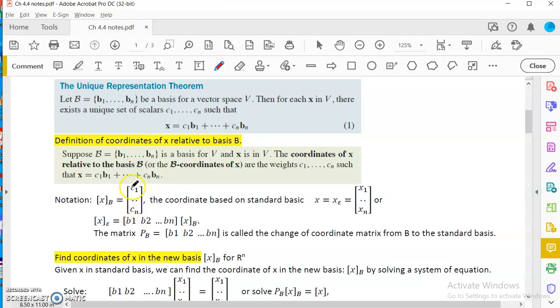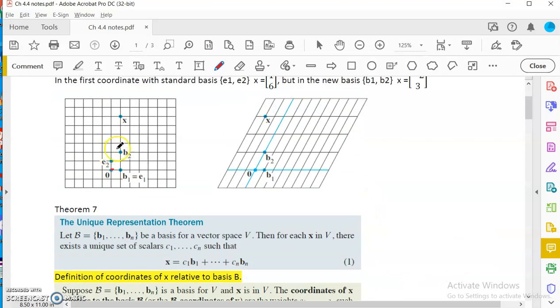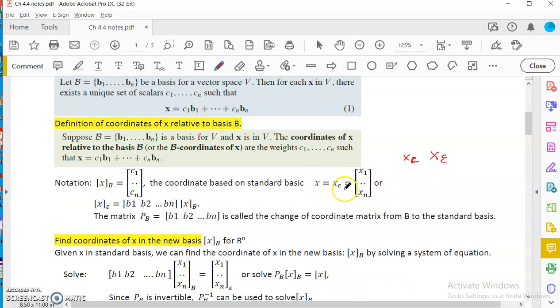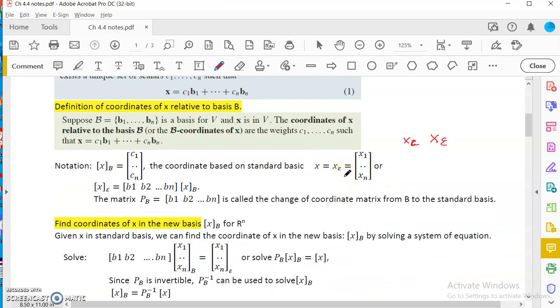This is the coordinate of x in reference to the basis B. Likewise, x itself we usually just write as x, or x based on the standard basis, written with an E. We usually call it x1 to xn, just like earlier when we called (1, 6) x. We don't write the basis because it's standard.